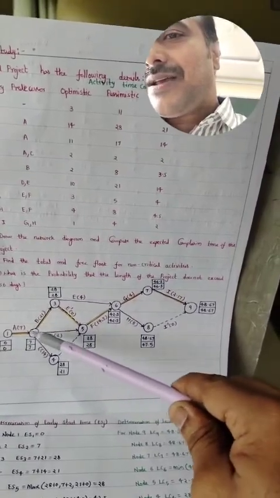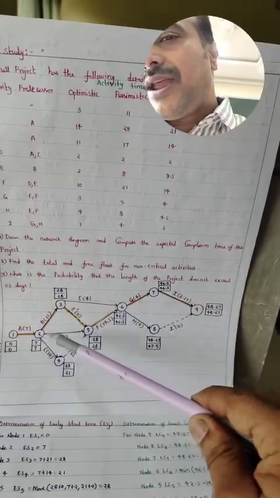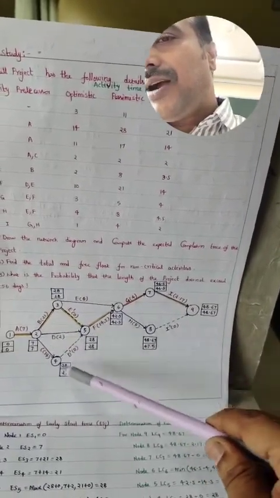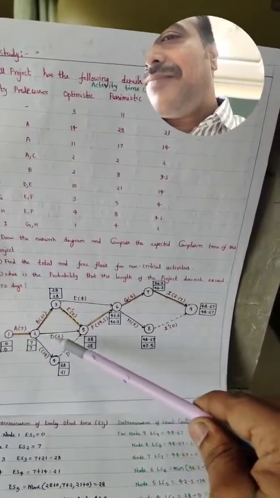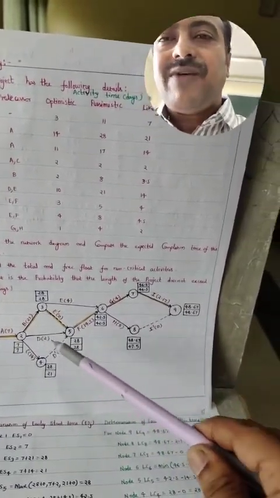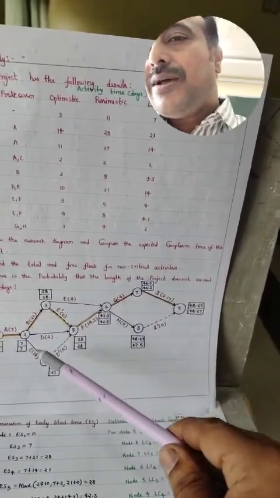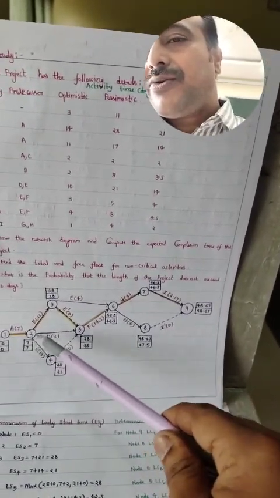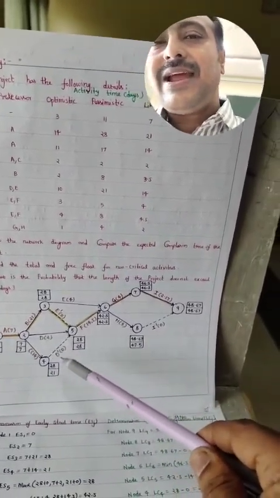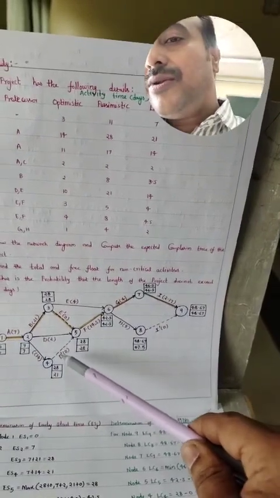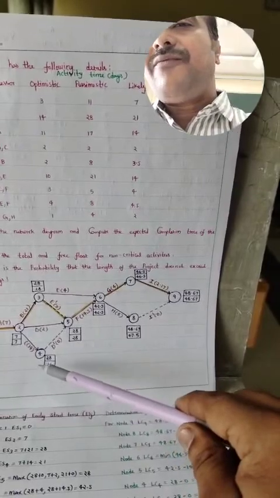We cannot give a single line for a node from 2 to 5 and from 4 to 5, because A and C are happening before D. So what I am doing is I am taking node 5 from 2 to 5 which is D, and I am considering a dummy activity D dash that is taken from 4 to 5.